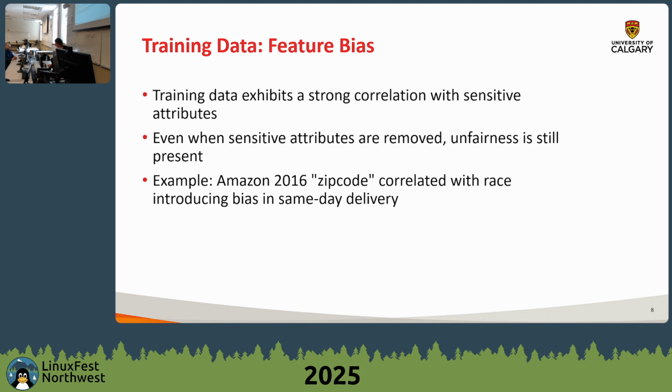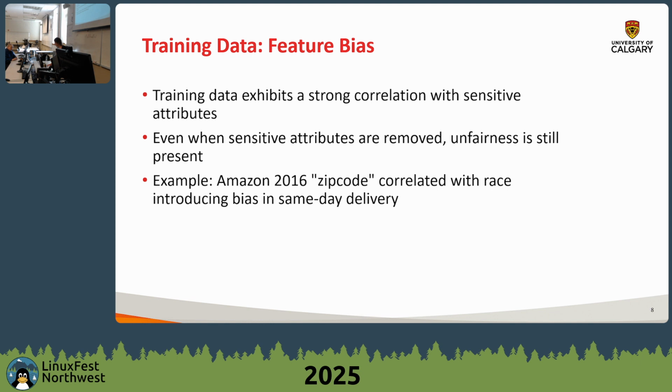So one example of that, I do remember this one, is in 2016, Amazon created a same-day delivery service that was only available for certain zip codes. And those zip codes that were not eligible for same-day delivery were actually strongly correlated with certain racial groups and considered bad neighborhoods according to their algorithm.